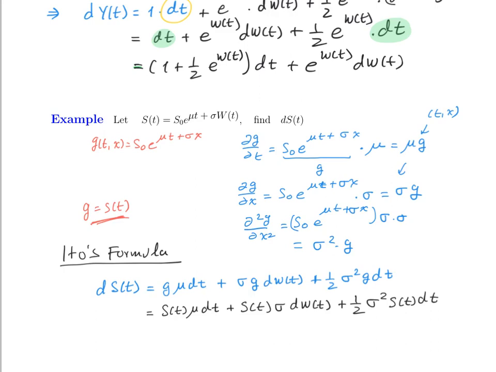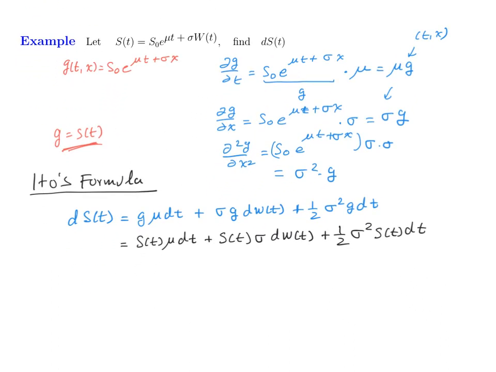Finally, you can combine the dt terms like we have done in the previous examples. So if we do that, this will be (mu plus 1/2 sigma squared) S of t dt plus sigma S of t dW_t.